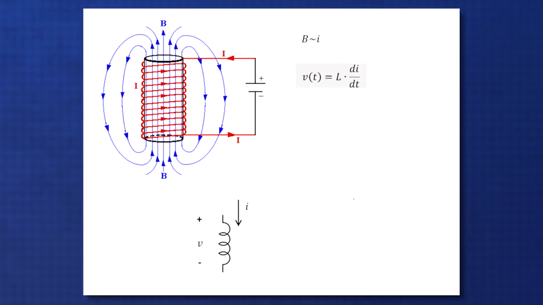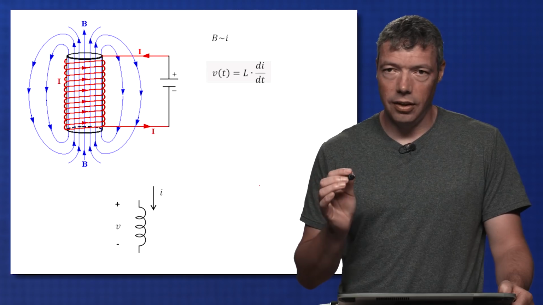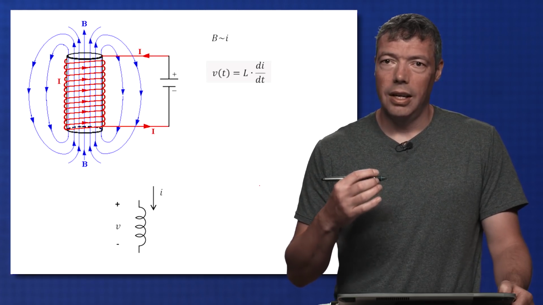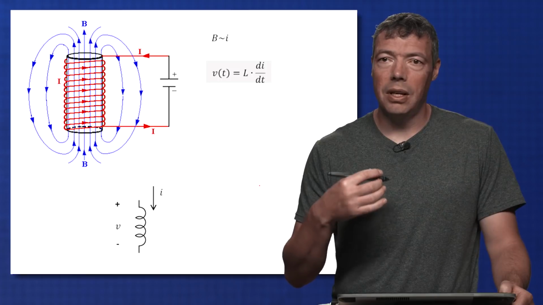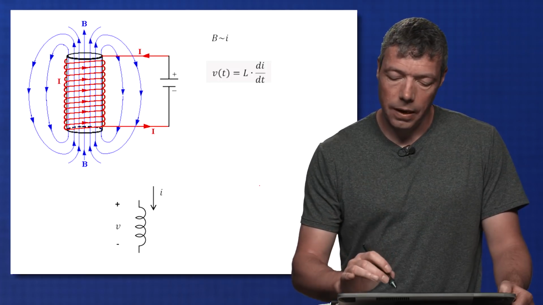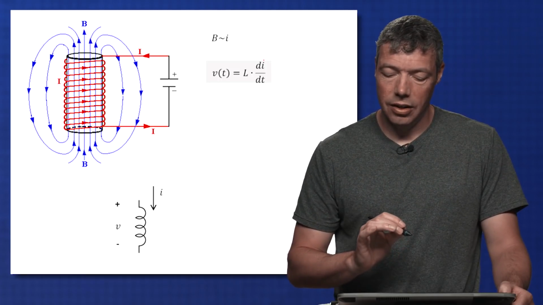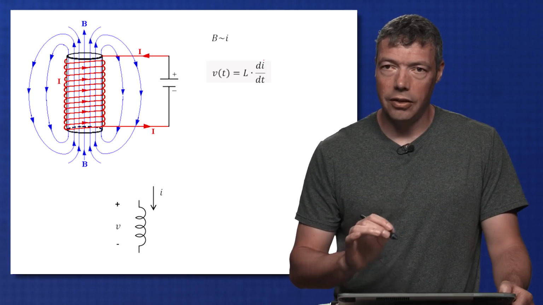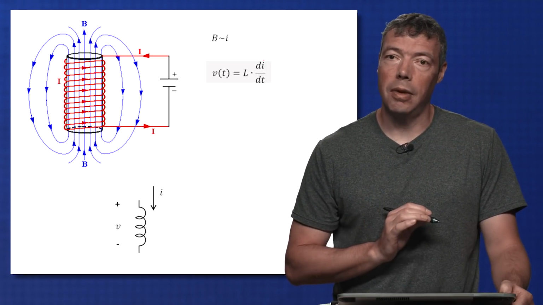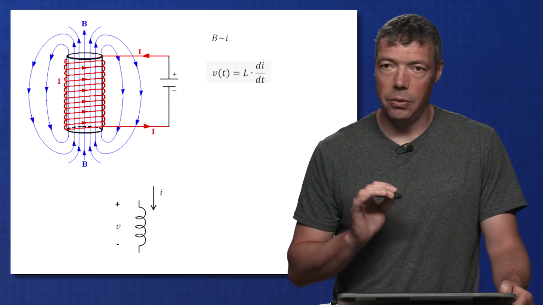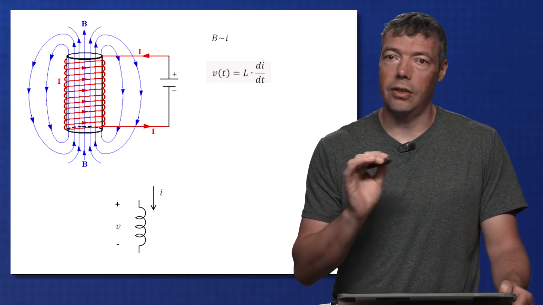Okay, so I have my relationship between voltage and current for my inductor. And just like for the capacitor, it is the time derivative. In this case, it is the change in time of the current that determines my voltage. For the capacitor, it was the change in voltage that determined the current.